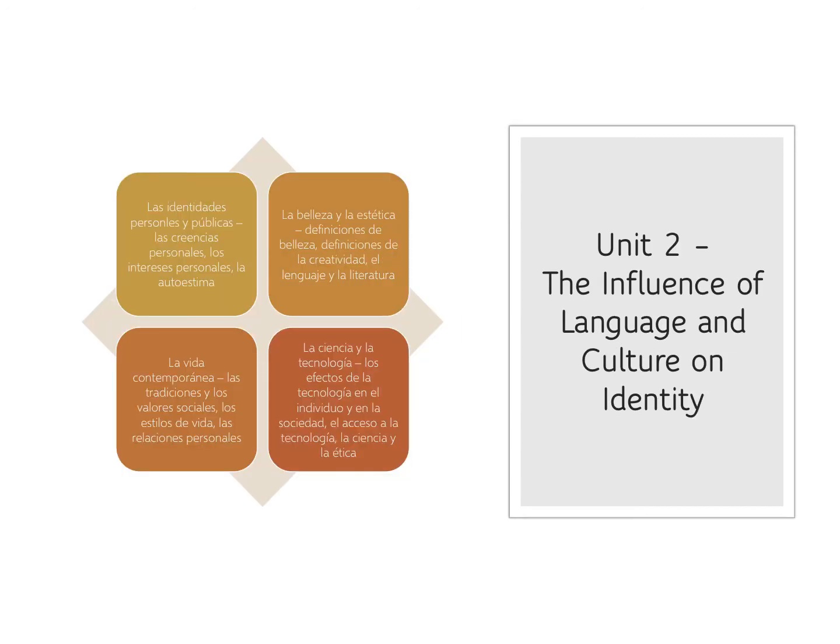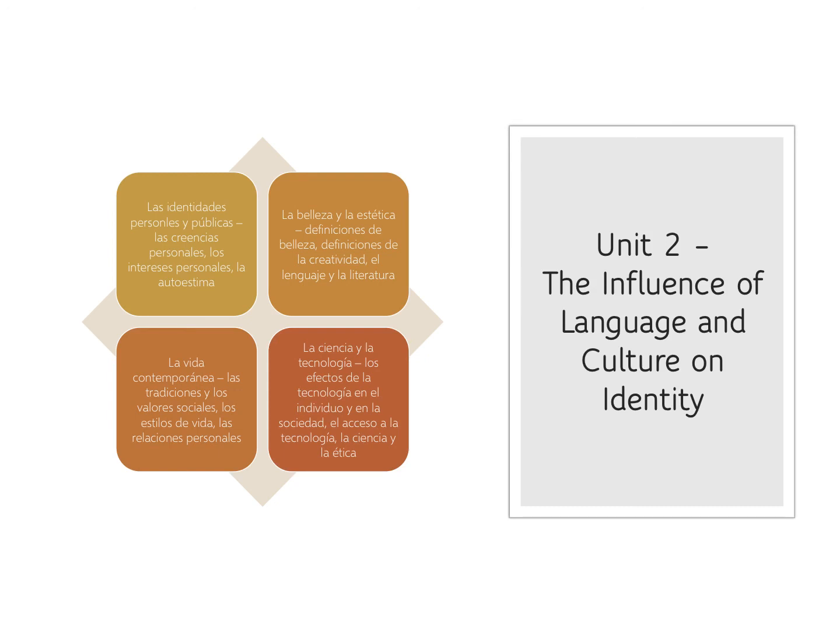The second unit is going to cover the influence of language and culture on identity. Again, there are 4 topics within this unit. The first one is las identidades personales y públicas, and within that topic they're going to talk about las creencias personales, los intereses personales y la autoestima. The second topic is la belleza y la estética, and within that they're going to talk about las definiciones de la belleza, las definiciones de la creatividad y el lenguaje y la literatura.